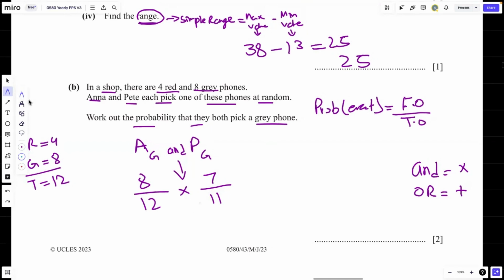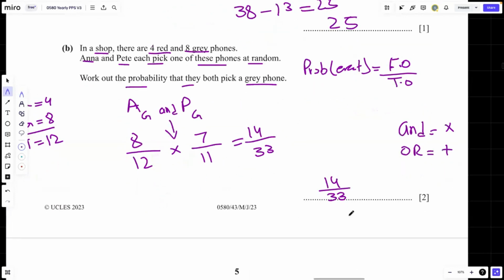So when you multiply this up, 8 into 7 divided by 12 into 11, that's 14 over 33. That's the probability of both of them picking a gray phone.